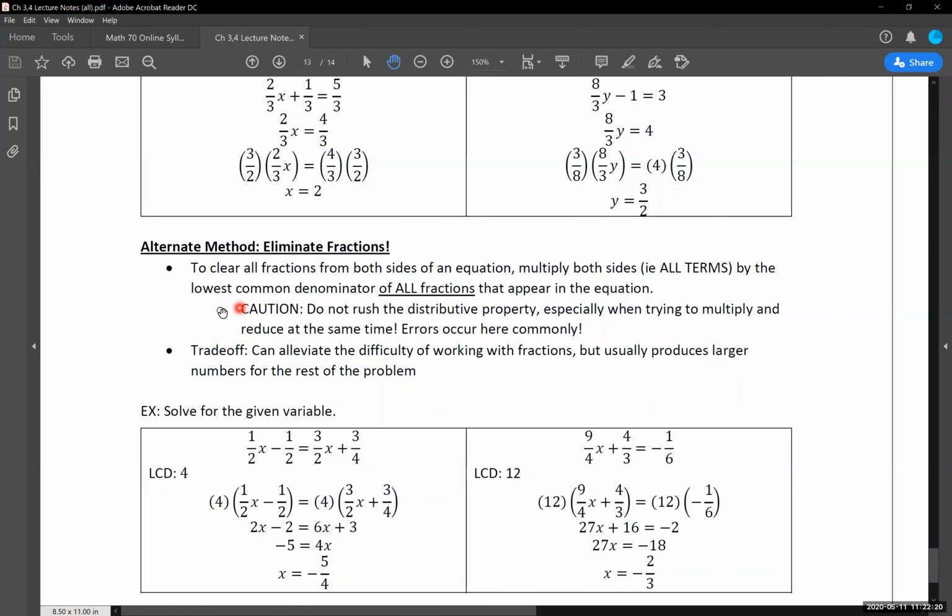I want to advise caution on this. Do not rush the distributive property as you are eliminating these things, especially when you're trying to multiply and reduce at the exact same time. Errors occur very commonly here, and a lot of people miss a lot of points when they do this. Okay, so this can make your life very, very easy if you're going through problems with fractions.